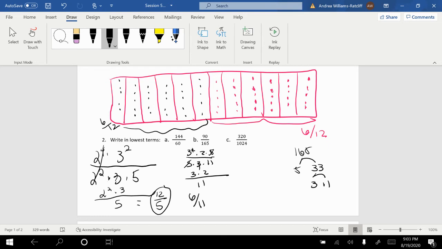So if I'm trying to know for sure if I have done it correctly, I can always try to find the greatest common factor.